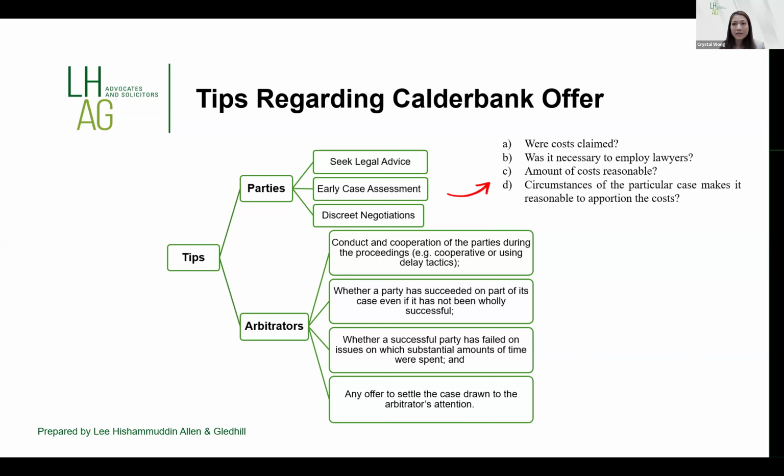So the Arbitration Act Malaysia is safe, the New Zealand Act is safe, but in other jurisdictions, I think more factors have to be considered alongside the principle of Calderbank offer.